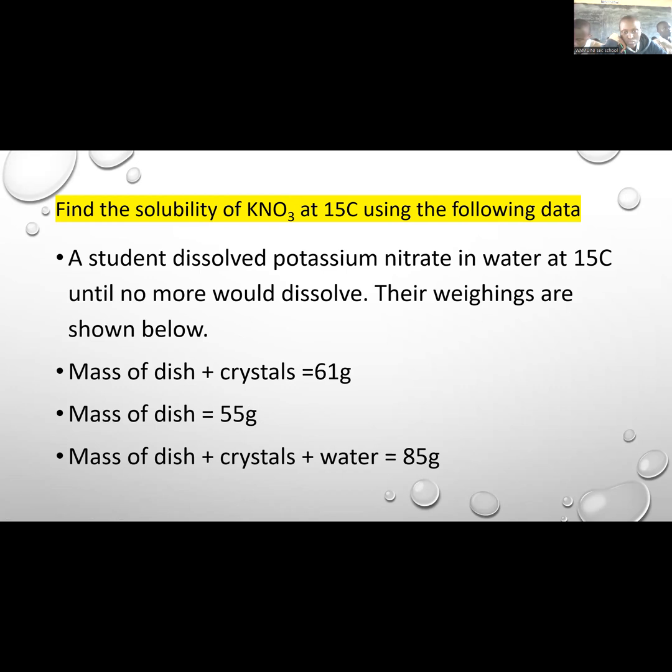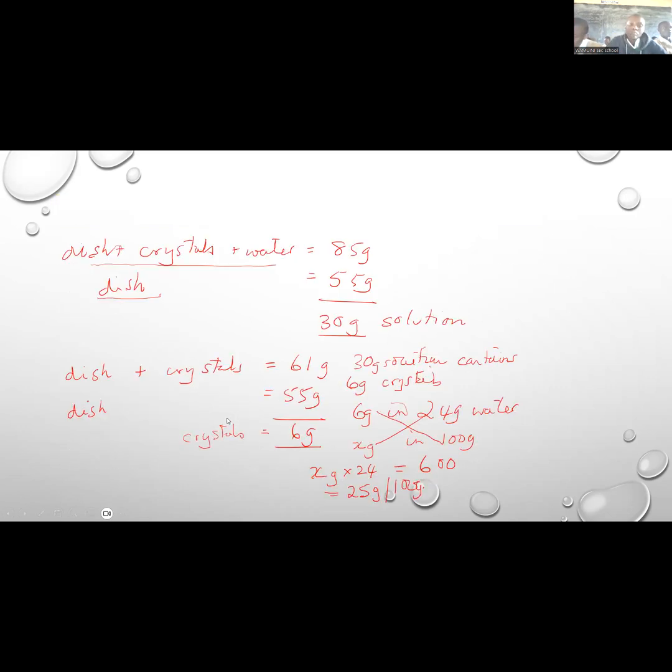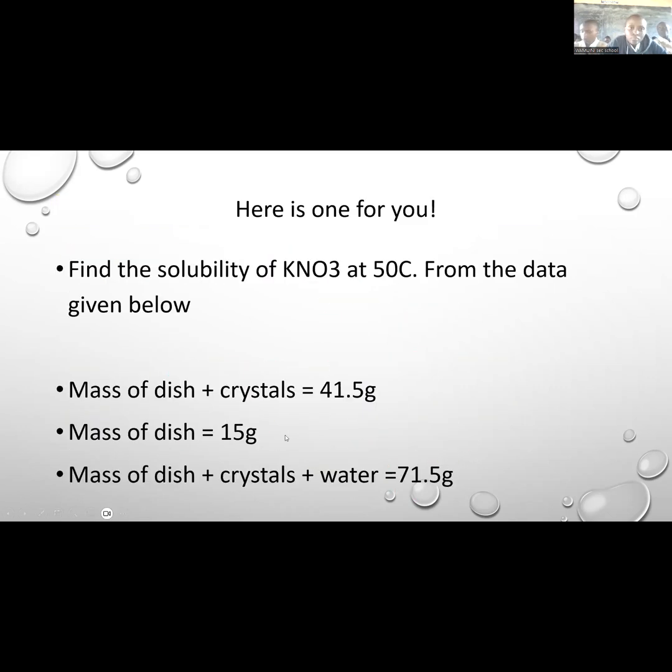Then what I had to do was to work out, I can't remember the numbers. Let me just have a look. 6 and 24, right? So we ended up with 6 grams in 24 grams of water is the same as I don't know how many grams in 100 grams of water, which is what I need to do.